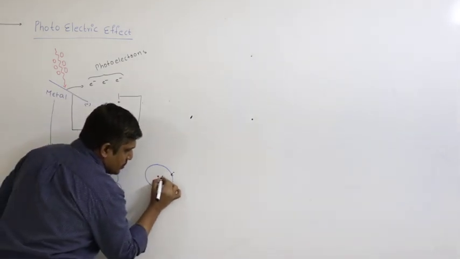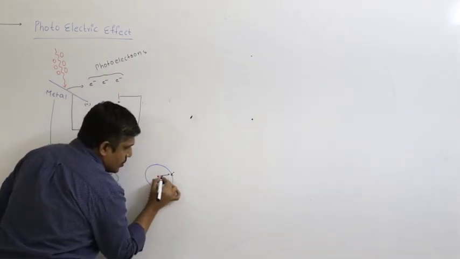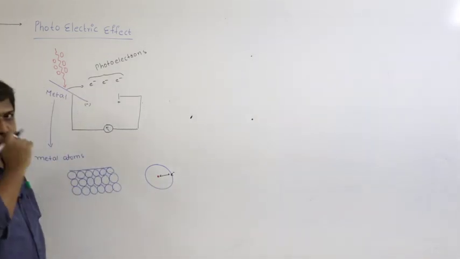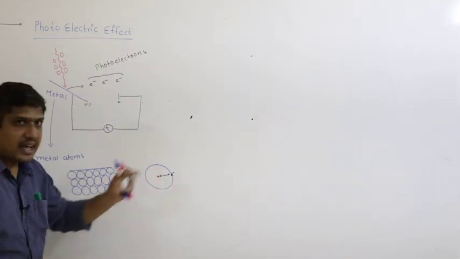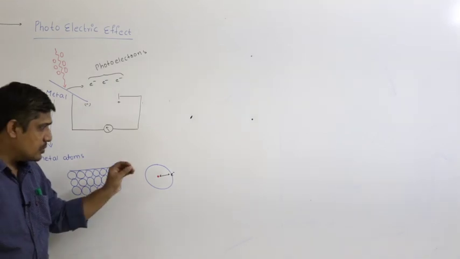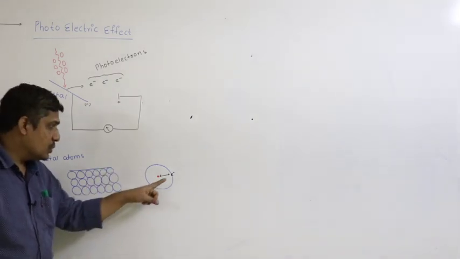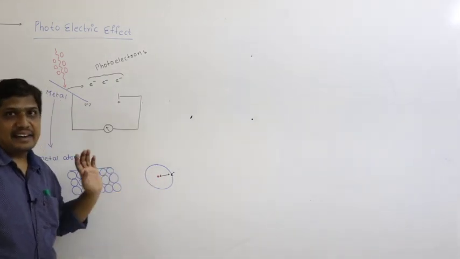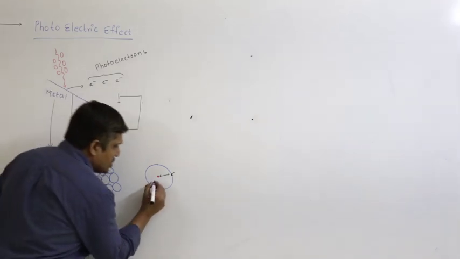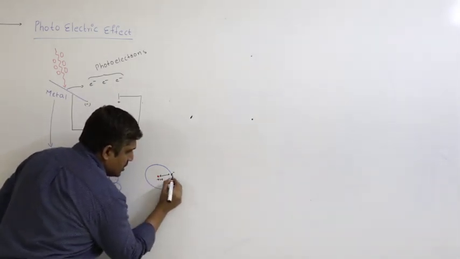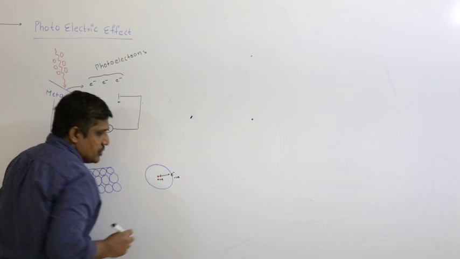Between these two, there exists nuclear attraction force. If I want to remove the electron, I have to supply energy to overcome this nuclear attraction, because nucleus carries positive charge and electron carries negative charge.